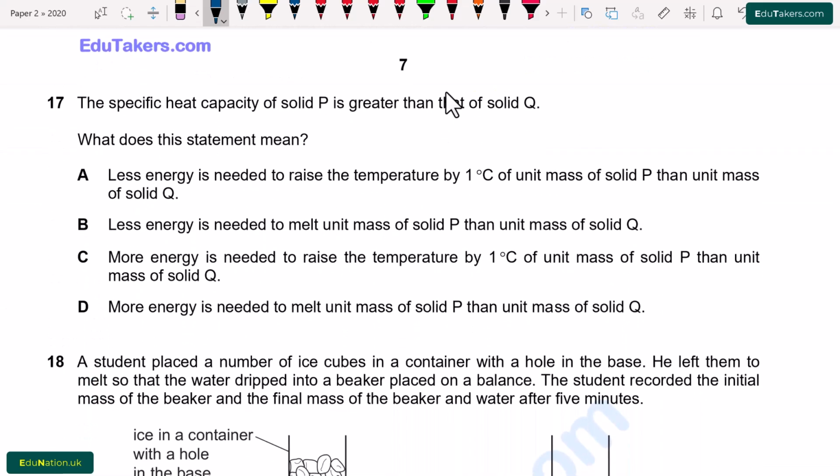Question number 17. The specific heat capacity of the solid P is greater than that of the solid Q. What does this statement mean?